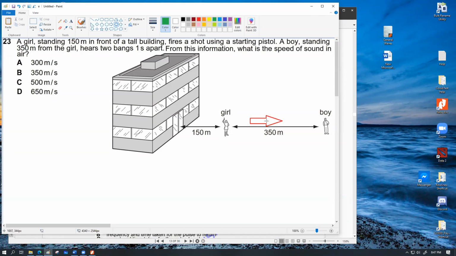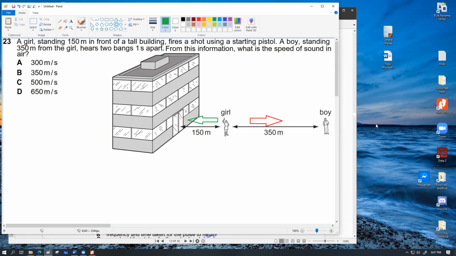The boy will be hearing one sound that goes directly to him, and the other sound that he will hear is this one, which will go over here, get reflected off this flat tall building and bounce back towards the boy. While it is passing towards the boy, it is also going to go across the girl as well. So the green wave will ultimately reflect off the building's face and reach the boy as well.